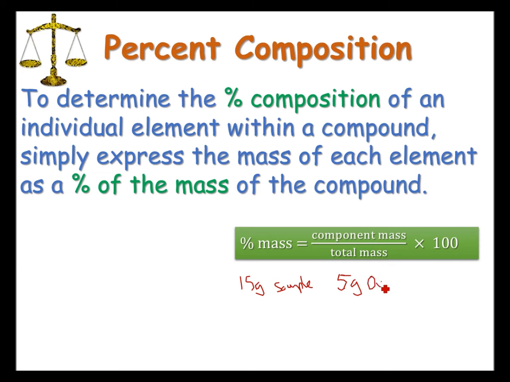We could find out the percentage of oxygen in this sample by looking at it this way. We would see oxygen, the 5 grams, divided by your sample size, 15 grams, and then multiply that by 100. We'll see 5 over 15 is going to be 0.33, times 100 is equal to a 33% sample.